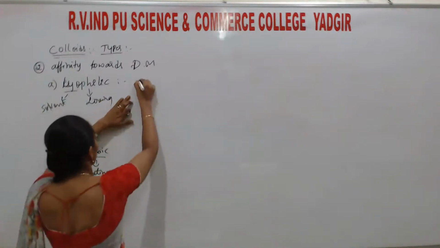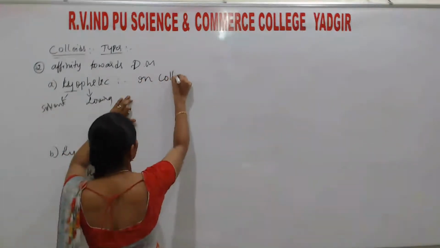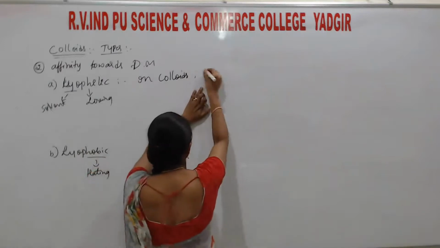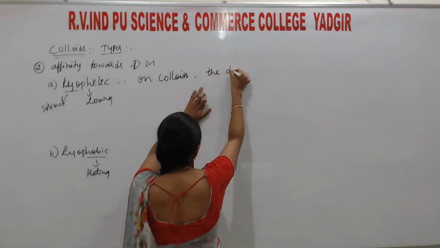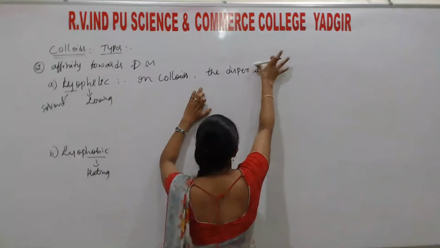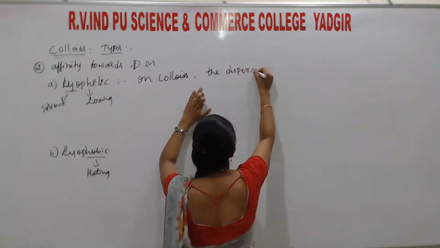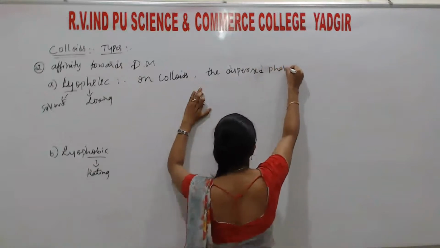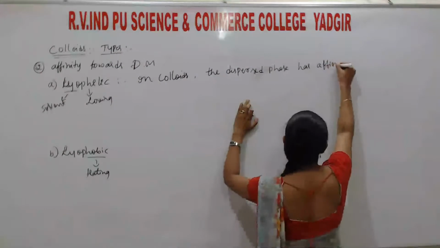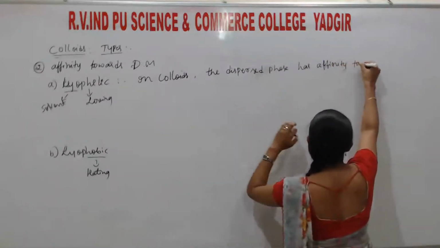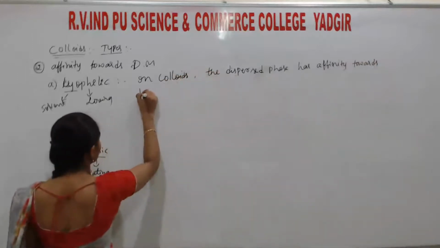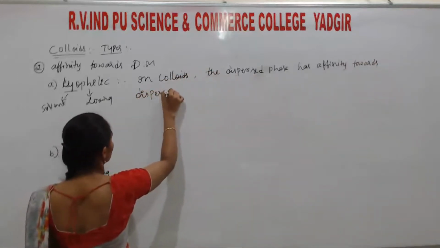So in sols or in colloids, okay, in colloids, the solute, that means dispersed phase, has affinity towards solvent, that means dispersion medium.